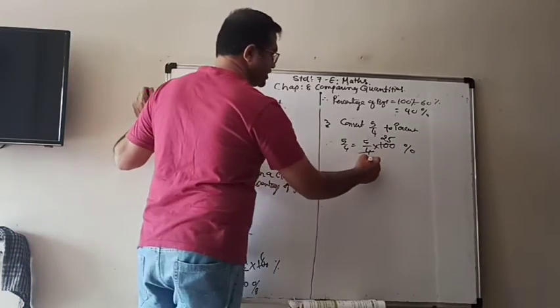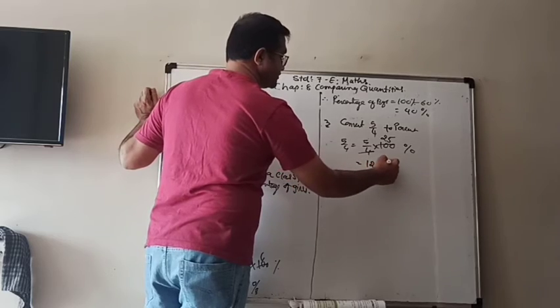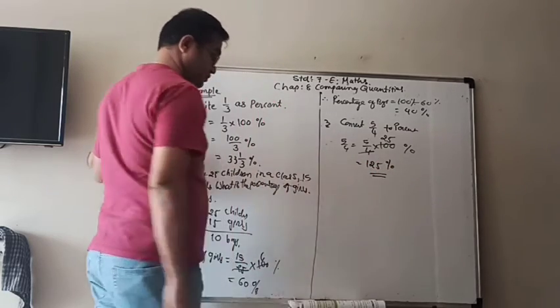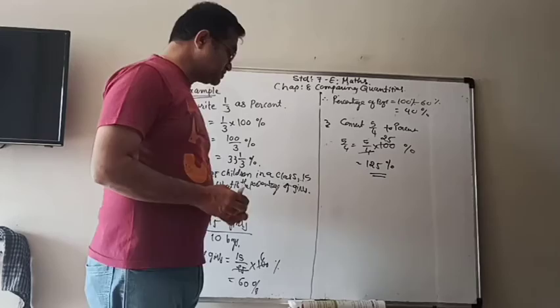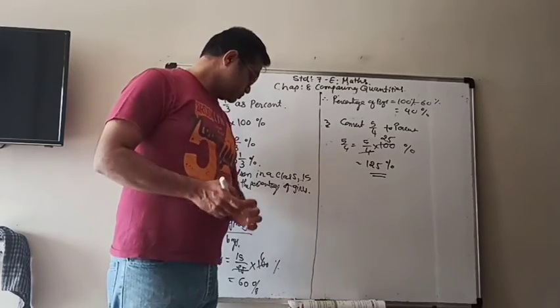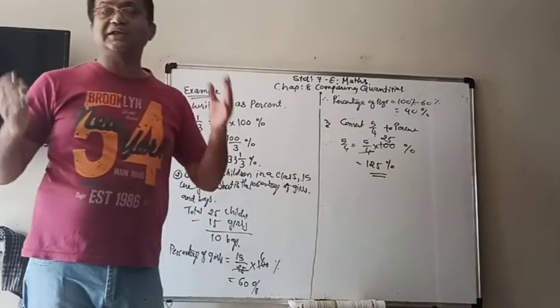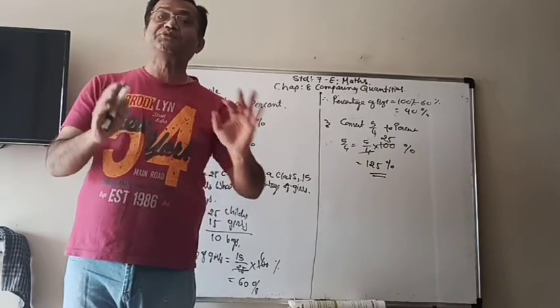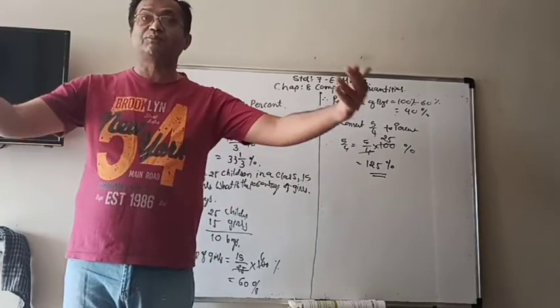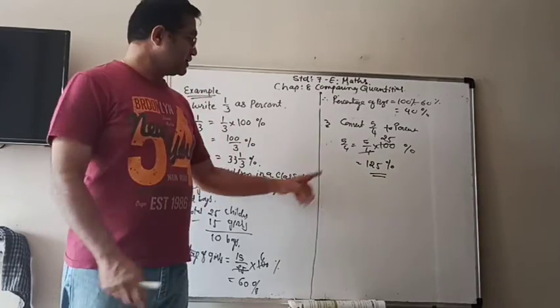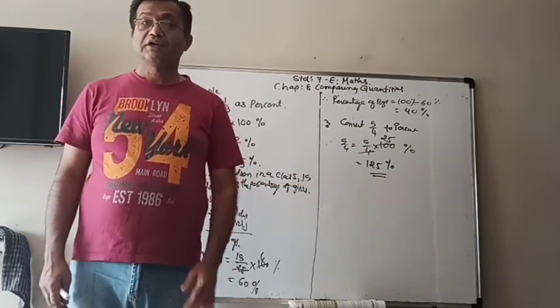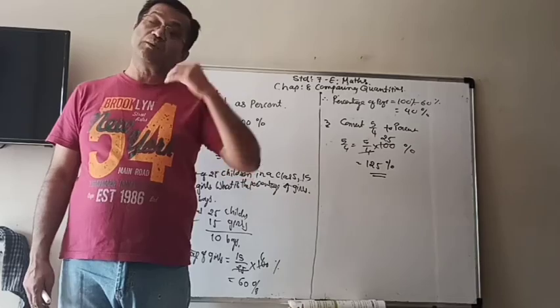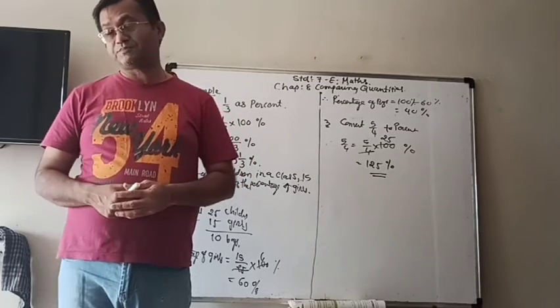So 25 fives are 125%. Here you can see that generally we have in our mind that percentage can only be up to 100. You can't get more than 100%. But in some situations we get a percentage which is more than 100 also.